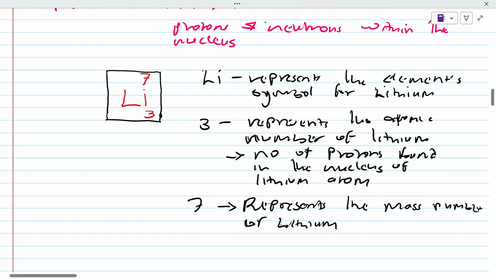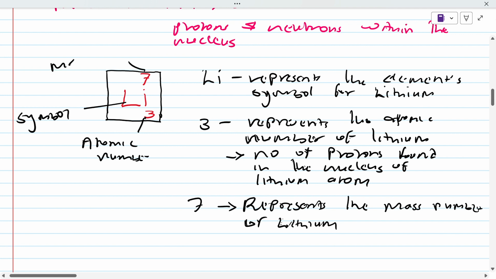So this one is going to be the atomic number, then Li is the symbol, then this one is the mass number of lithium. That's just an example.